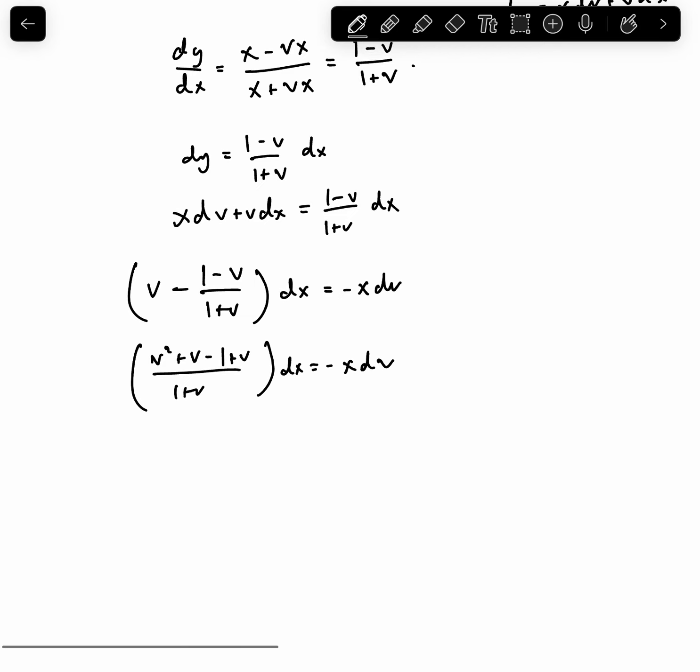Now, we can simplify this expression. So (v squared plus 2v minus 1) over (1 plus v) dx is equal to minus x dv.